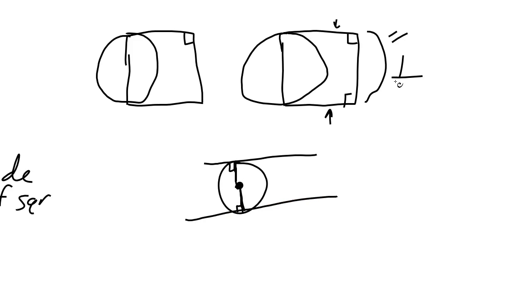Now, if from this point to this point is itself a straight line, then these two guys, it's intuitively clear to me that these two guys will be parallel to each other.